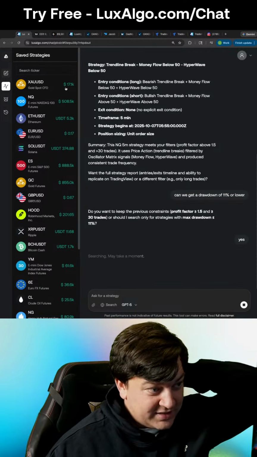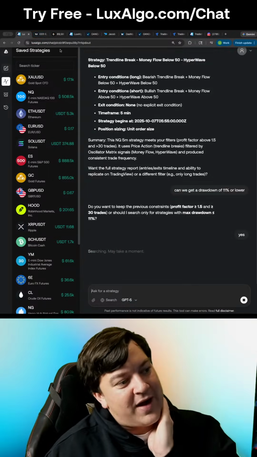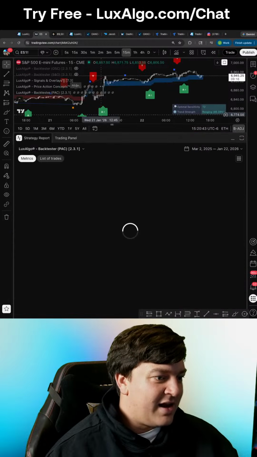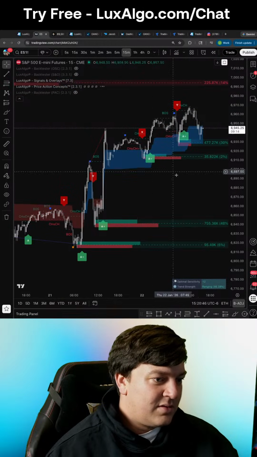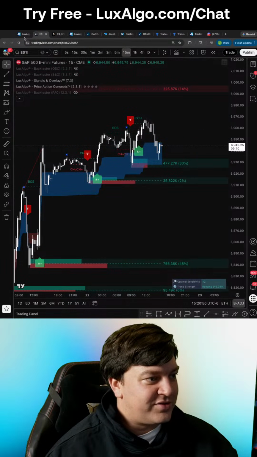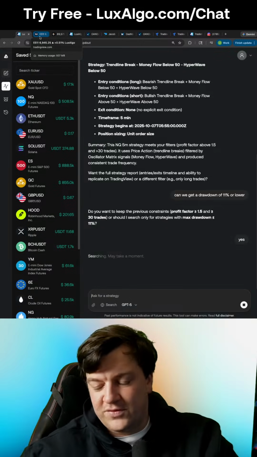This is the new LuxAlgo AI, launched back in November. You can find strategies from the LuxAlgo indicators that you know and love. It utilizes all the premium features to generate strategies and helps you find profitable strategies with combinations from those features.